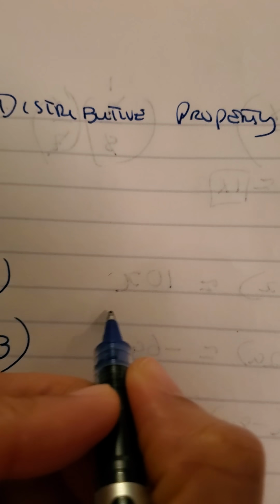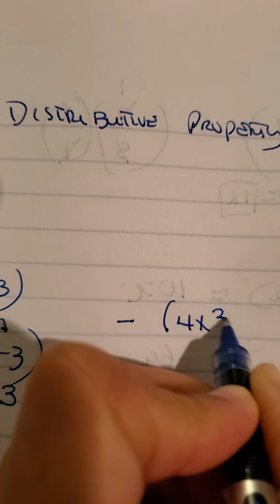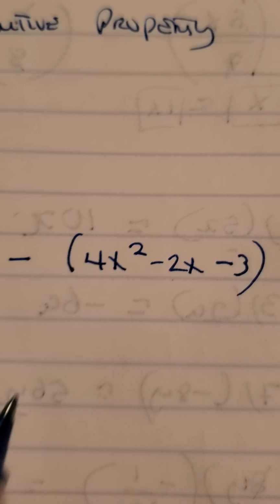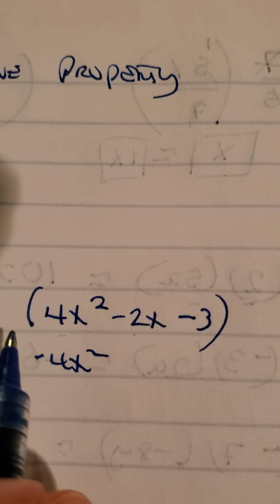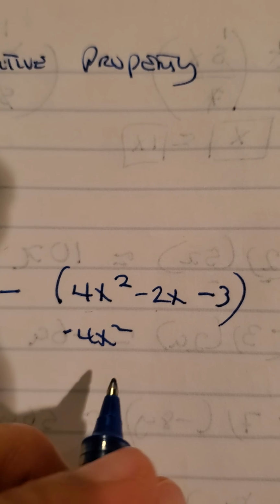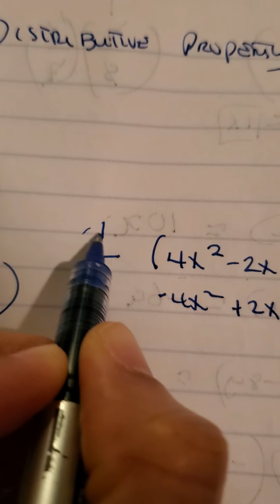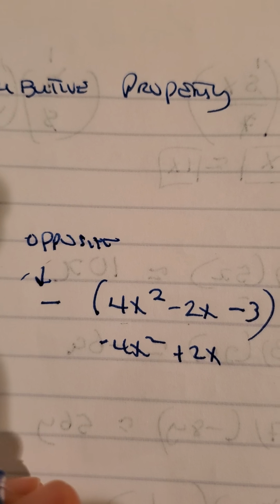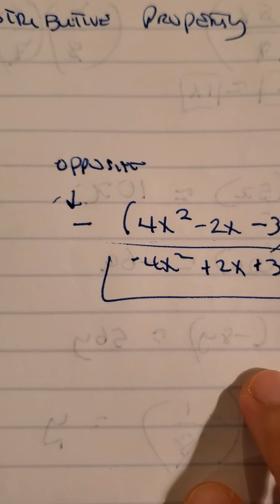Also, I spoke about earlier in our lessons that negative also means to take the opposite. So the opposite of positive 4x squared is negative 4x squared. The opposite of negative 2x is positive 2x. And we could treat this as the opposite of negative 3 is positive 3. So boom. So you see there's at least two ways you can look at it.